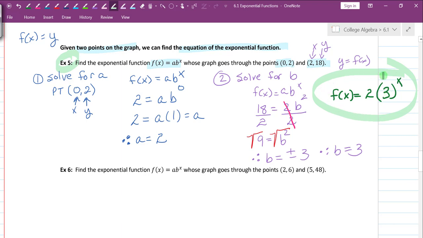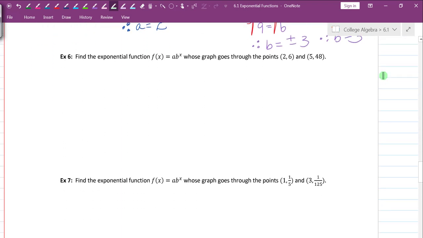Okay? Let's do another one right here. Number 6, we're going to do the exact same thing, same order. Step 1, solve for a. Remember, we have f of x is equal to ab^x.